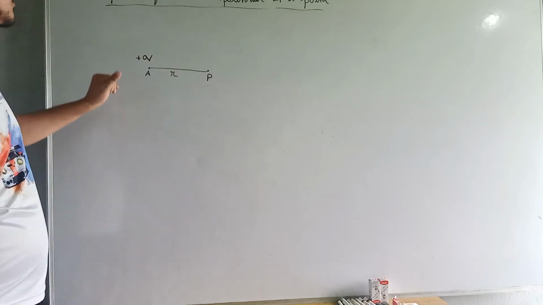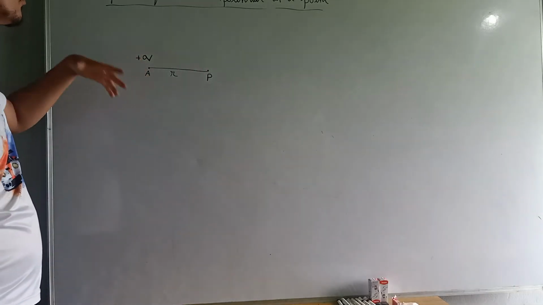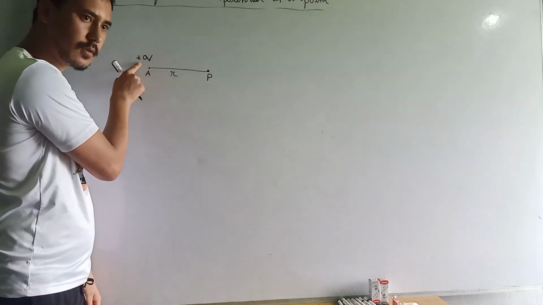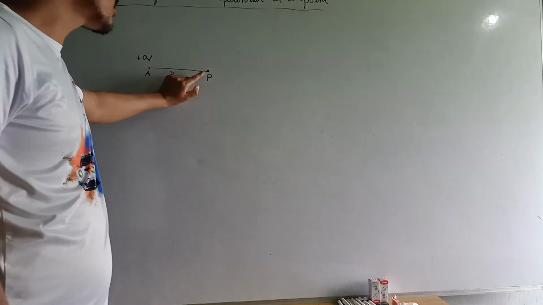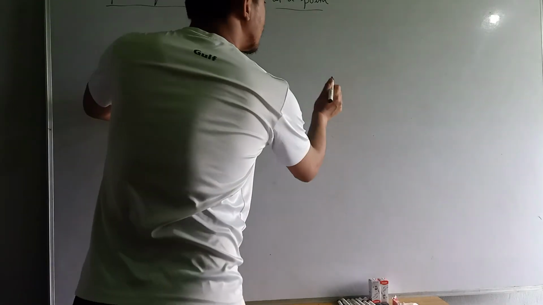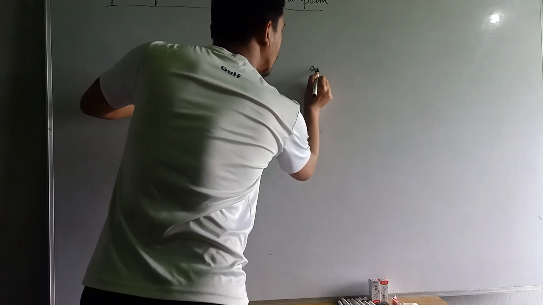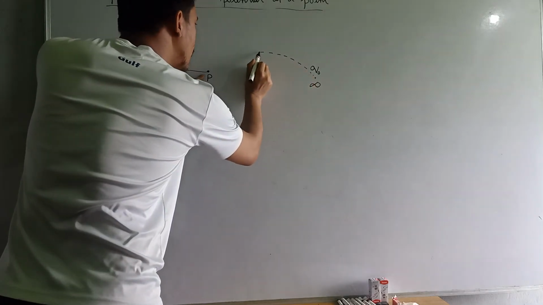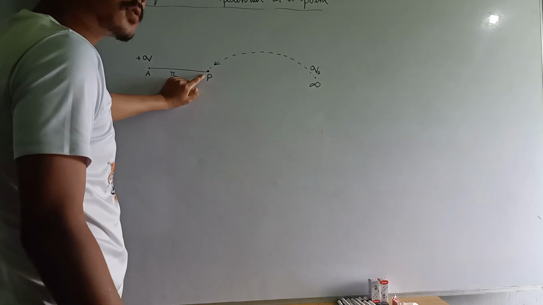This charge is placed here at A, and I want to find out the electric potential at this point due to this charge. Now, according to definition, electric potential at a point is defined as work done in bringing the test charge from infinity to that particular point against the electrostatic force.